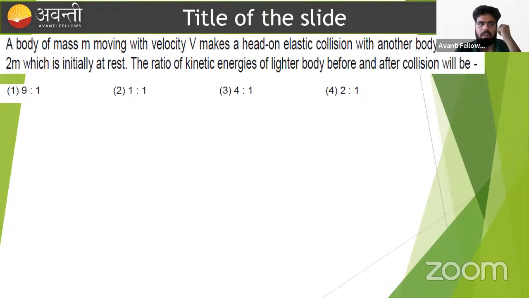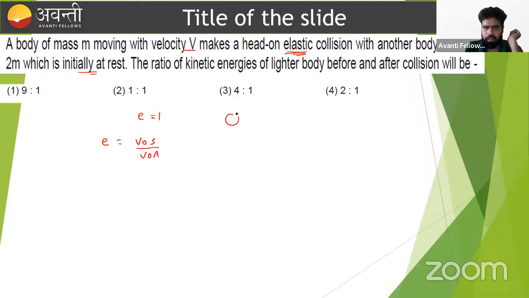Next, a body of mass m moving with velocity v makes a head-on elastic collision. We have to note the word elastic, which means coefficient of restitution is 1, with a body of mass 2m which is initially at rest. So there are two types of equation that are always valid, beta. One is the coefficient of restitution, which is nothing but velocity of separation divided by velocity of approach.